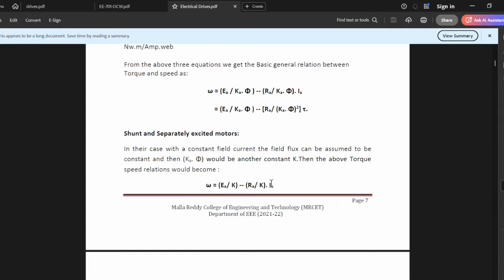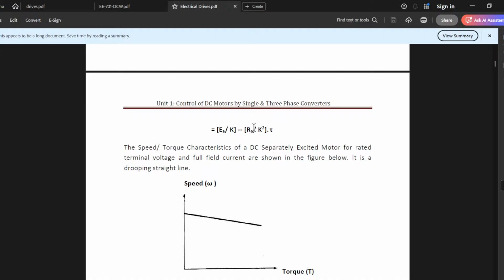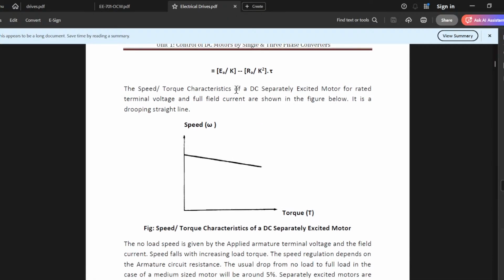Then the above torque relation becomes EA upon constant minus Ra torque upon constant squared. The speed-torque characteristic of a separately excited DC motor at rated terminal voltage is a drooping straight line.